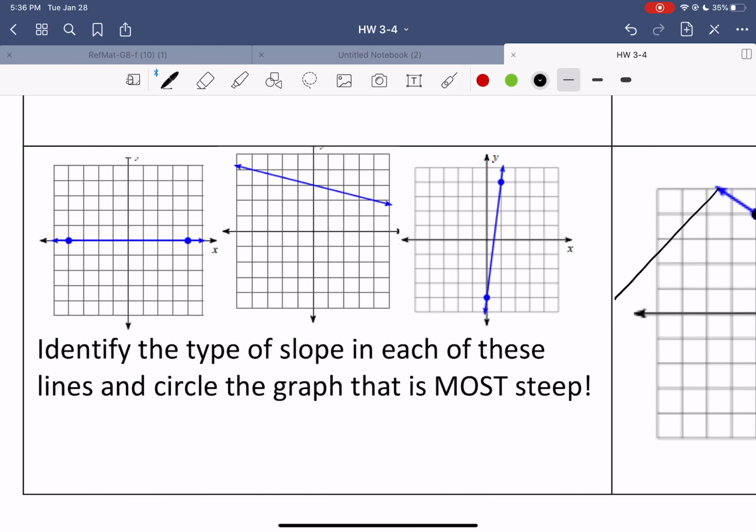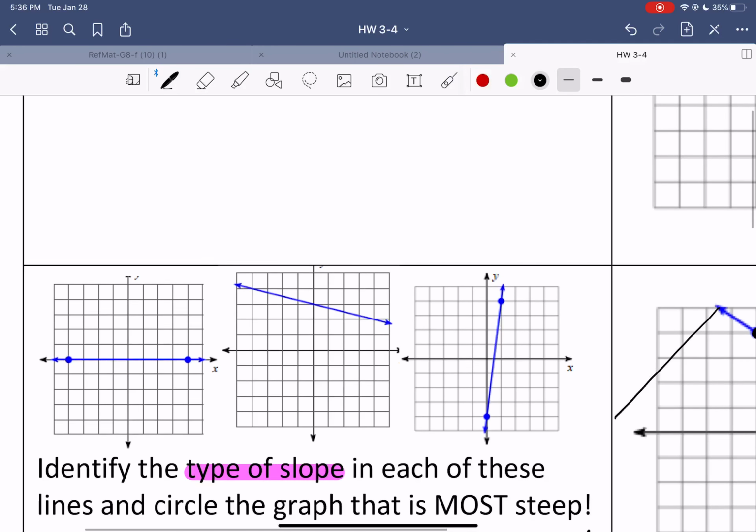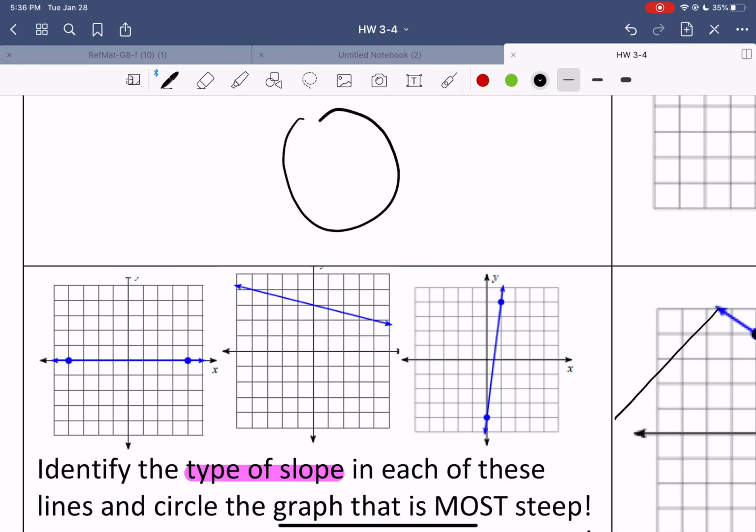Okay, this says identify the type of slope. So the type of slope, there are 4 different. There is positive, negative, 0, and undefined. So what I'm going to do is draw this creepy slope dude.